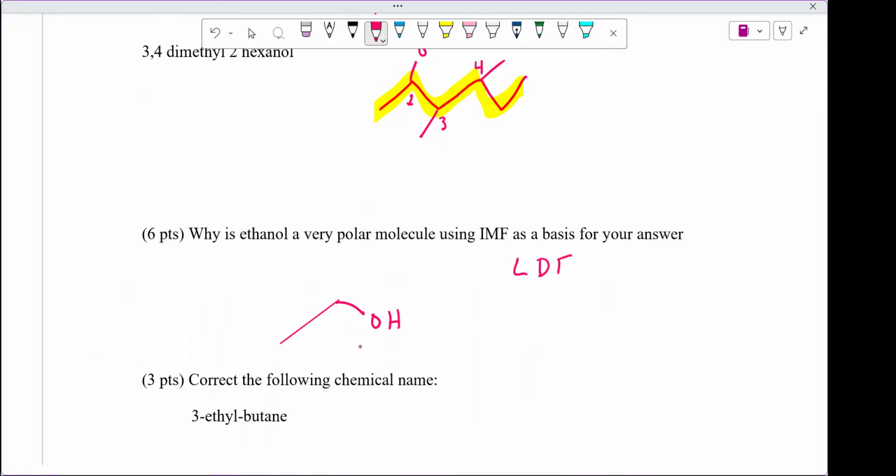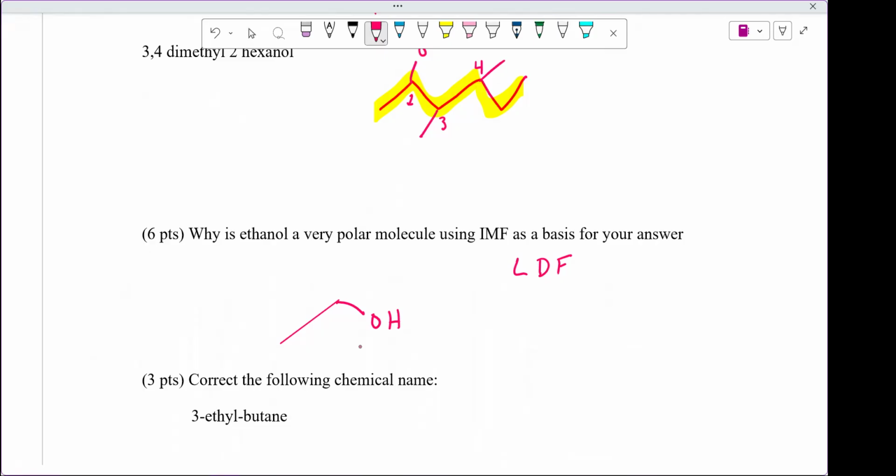LDF, London dispersion forces, is the weakest of the intermolecular forces, and it's in every single molecule, no exceptions. So you immediately put down LDF, whether it's alkanes, alkenes, alcohols, ethers, aldehydes, ketones, acids, amino groups, LDF, boom.